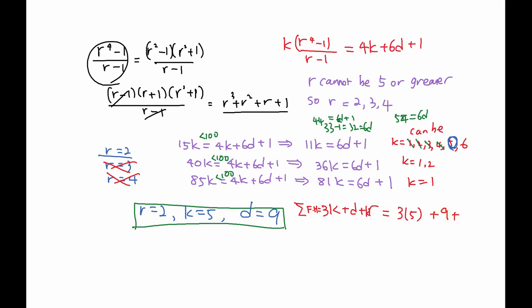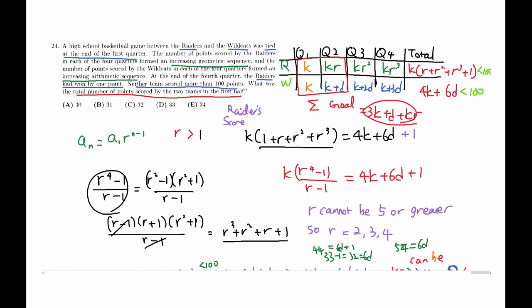Let me write that kr. k is 5 and r is 2. 15 plus 9 plus 10, you get 24 plus 10, 34. That's our final answer. So going back to our choices, we know it's E.